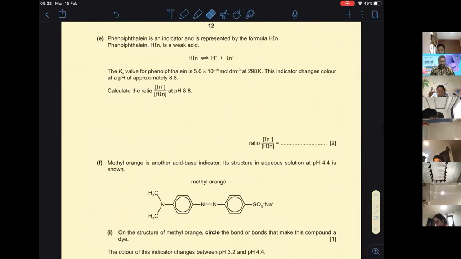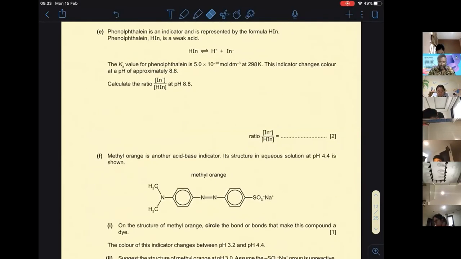Now let's continue. Phenolphthalein is an indicator and it is represented by this formula, and then the Ka value is given. The indicator changes color at a pH of something, and then we calculate the ratio. This is going to be a calculation question, because Ka equals the concentration of H plus times In minus divided by HIn.